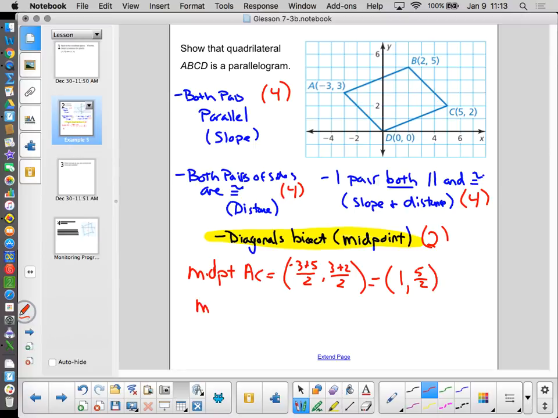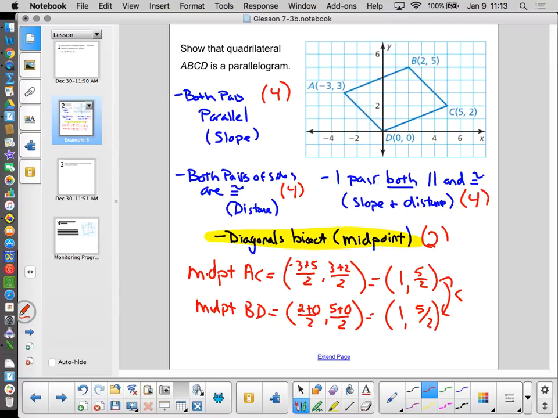And then we'd say midpoint of BD equals, and again, (2 plus 0) over 2 and (5 plus 0) over 2. So that's 2 over 2, which is 1, and 5 over 2, which is 5 halves.